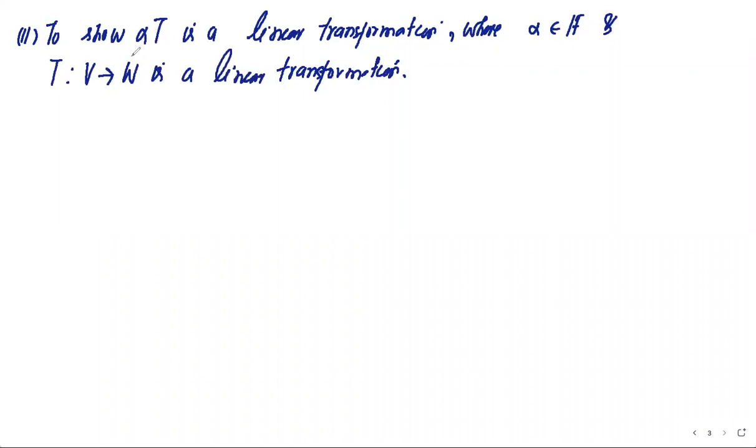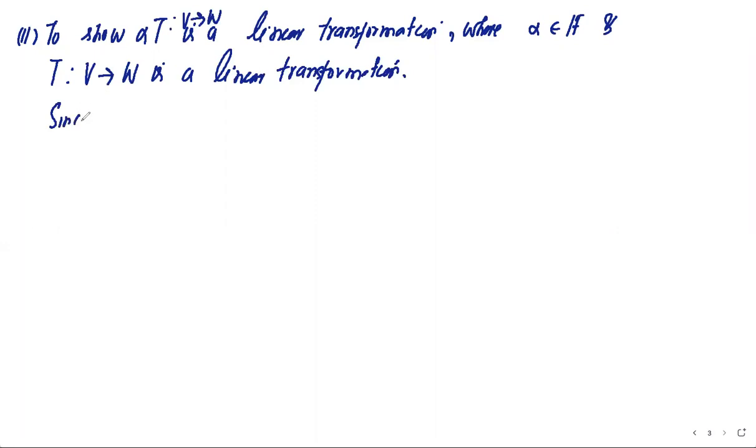So actually we have to show that if T is any linear transformation from V into W, then alpha T is also a linear transformation from V into W. तो यहाँ पे अगर हम ऐड करना चाहेंगे, to show that alpha T from V into W is a linear transformation, where alpha belongs to F and T from V into W is a linear transformation.